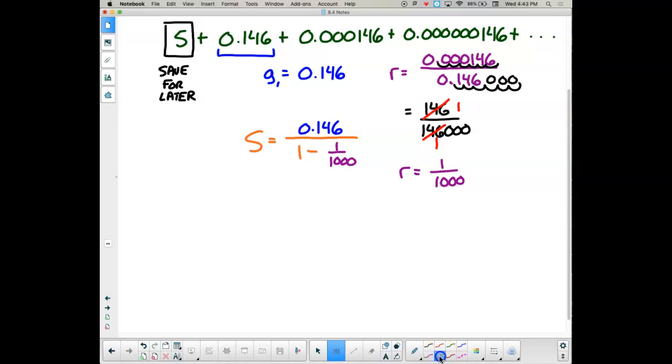Now, 0.146 in fraction form would be 146 over 1,000. 1 minus 1,000th would be 999 over 1,000.